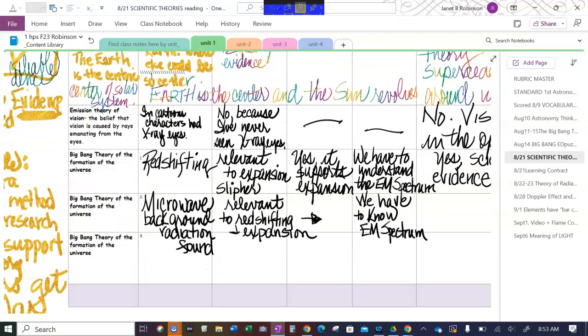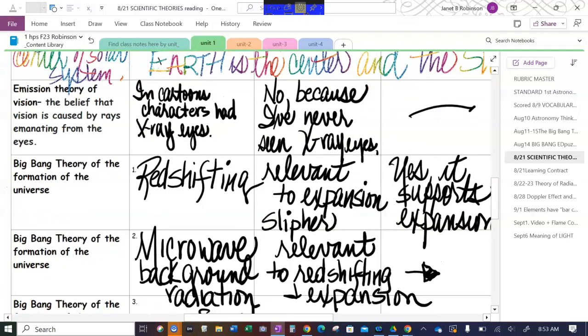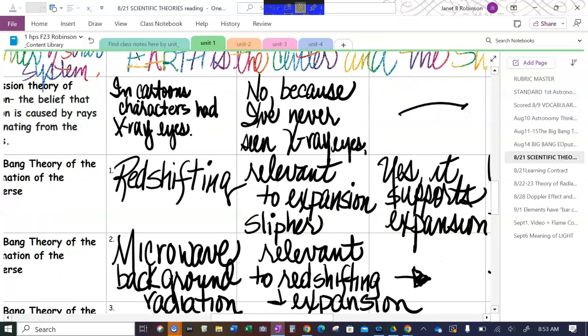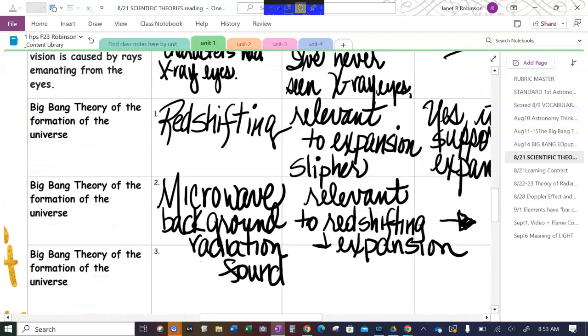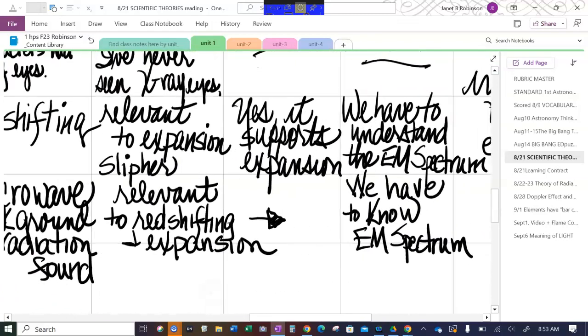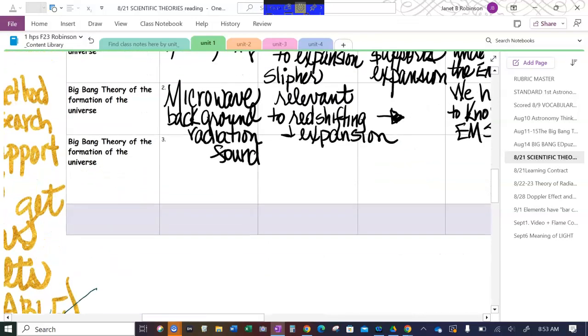Then we talked about the emission theory of vision, the belief that vision is caused by rays that emanate from the eyes, something seen in cartoons, and X-ray eyes are seen in science fiction. We talked about the Big Bang Theory, and you first talked about redshifting, then microwave background radiation. So we were working on this again and again.